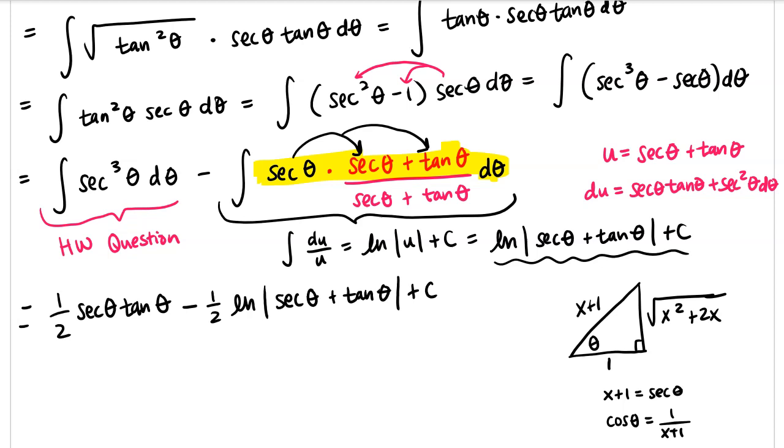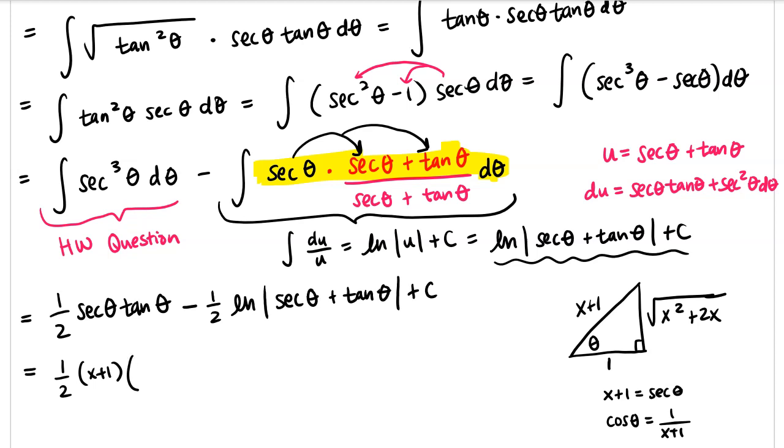So now we want to use our right triangle to figure out how to get our answer back in terms of x. And so we have 1/2 secant of theta, which we knew from originally is x plus 1.